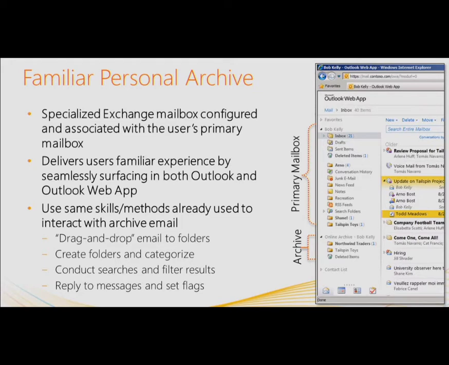Now, a lot of customers will have Exchange 2007. If you have Exchange 2007 Service Pack 2, there's a patch or an update that you can deploy for it to be archive ready, right? What that means is you'll be able to access the archive, but the end user experience is not that great like it would be with Outlook 2010.